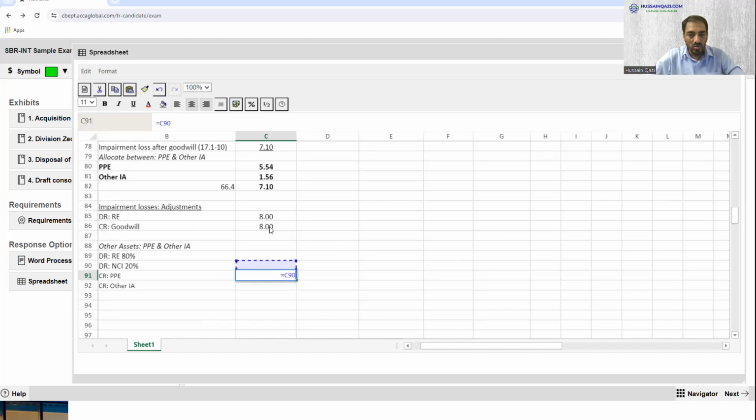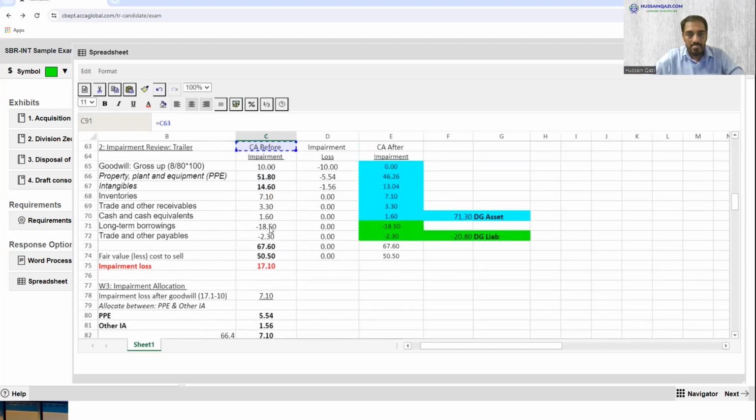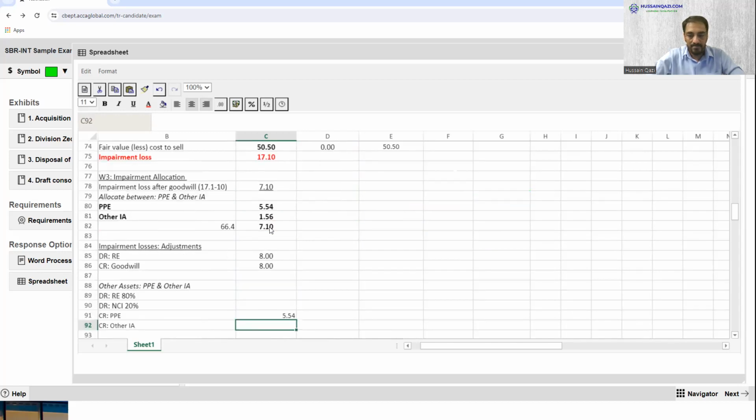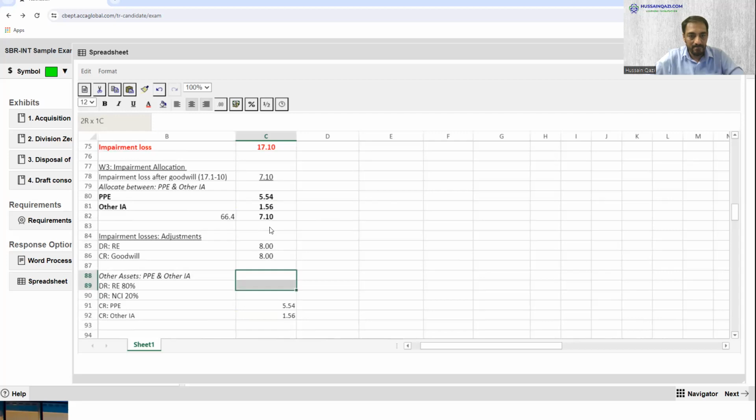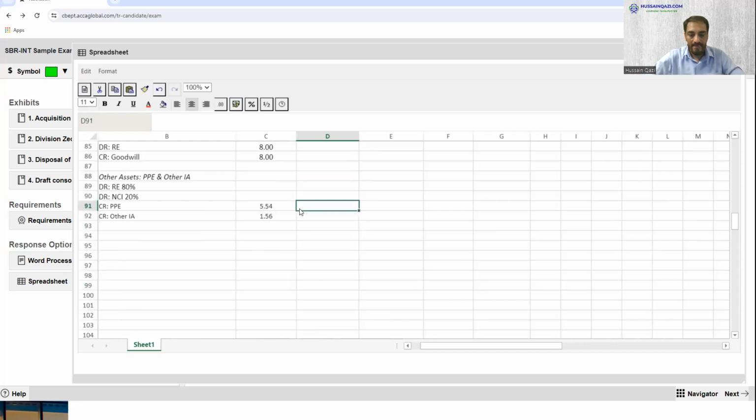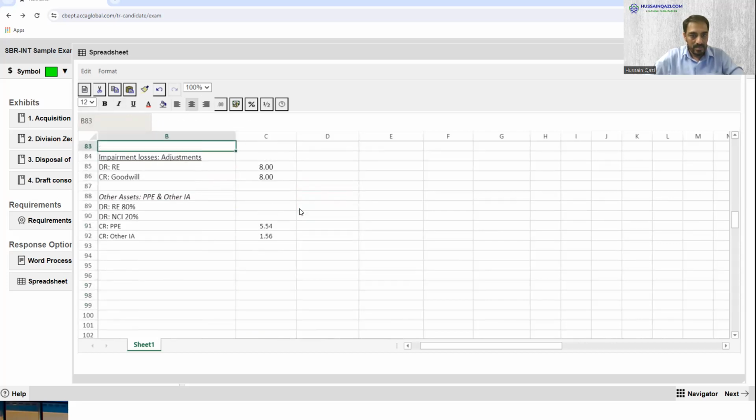What are the values? 5.54 and 1.56. 80% is equal to sum, and 20% is equal to sum.